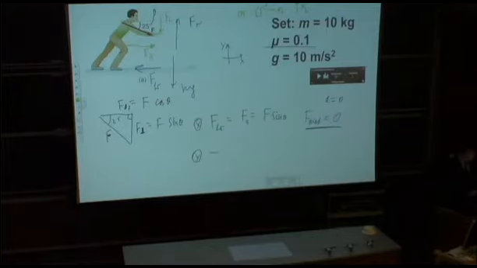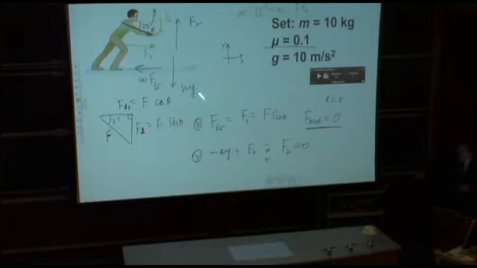So this plus this, and now either a minus or a plus for this should be equal to 0. Minus means case A, plus means case B. So again, two problems in one. Two birds with one stone.